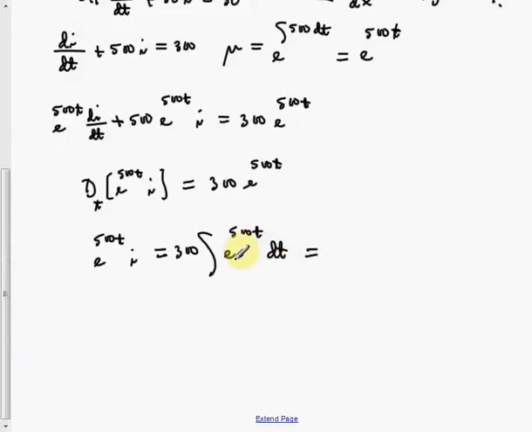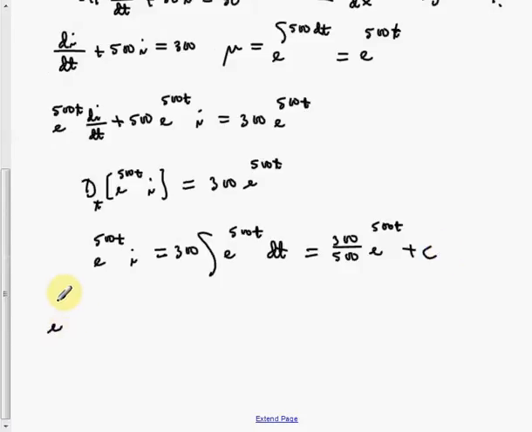And you integrate this, this becomes 300 divided by 500 times e to the 500t. You have to use a u-substitution there: let u equal 500t, and du is 500 dt, so we get 1 over 500. So this is the 300 over 500 times e to the 500t, and then plus our constant.